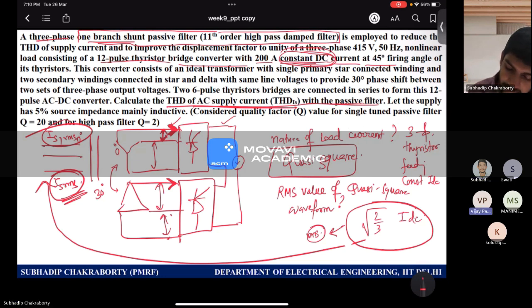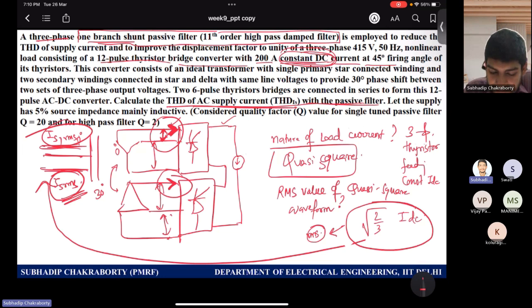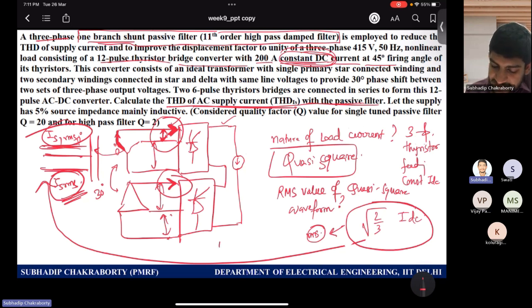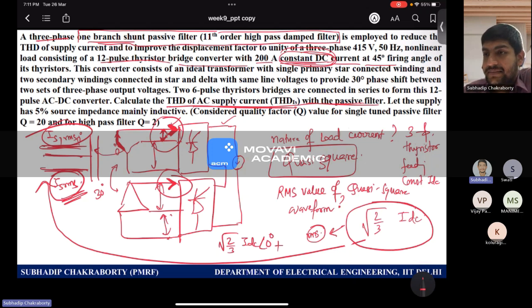If I want to translate both these currents to this line, because I am concerned with the supply side, I have one current flowing through the phases also, and transformer action will be done on a 1-to-1 turns ratio basis. So first I apply Kirchhoff's current rule. The first current is root 2 by 3 IDC angle 0, then the other current will be at minus 30 degrees.